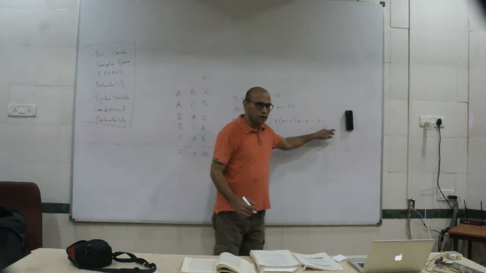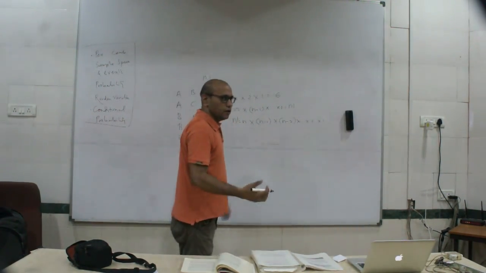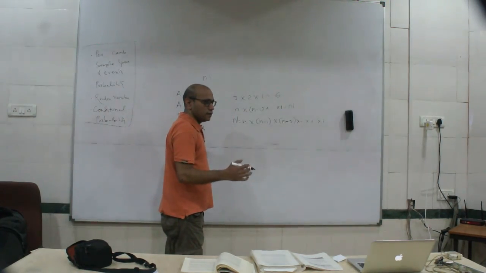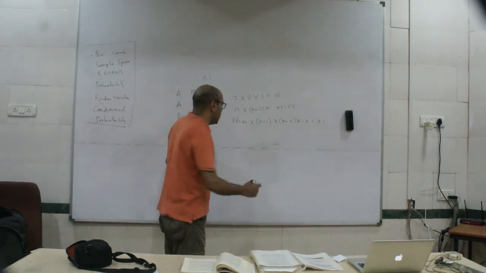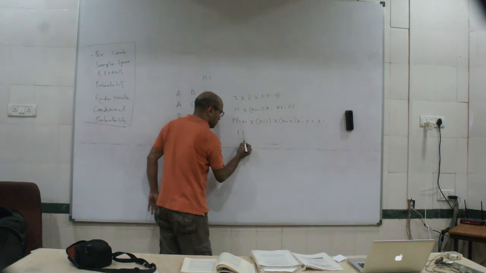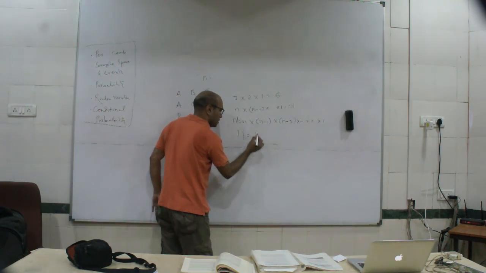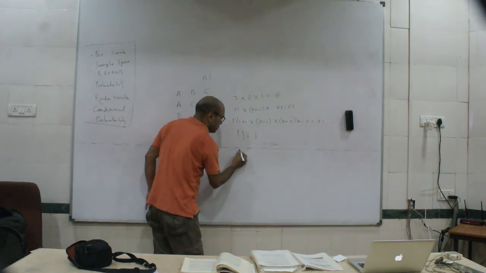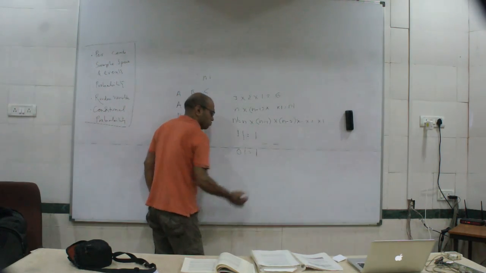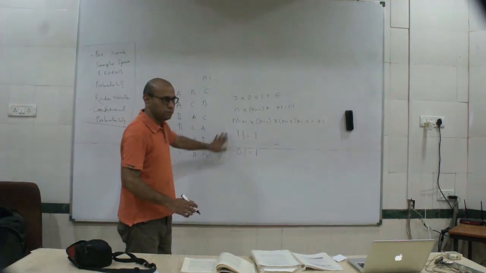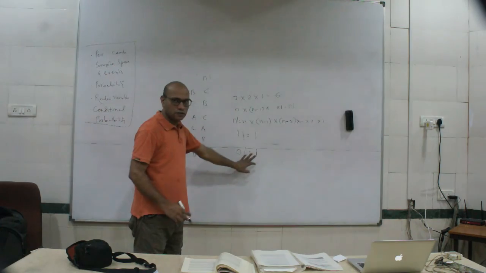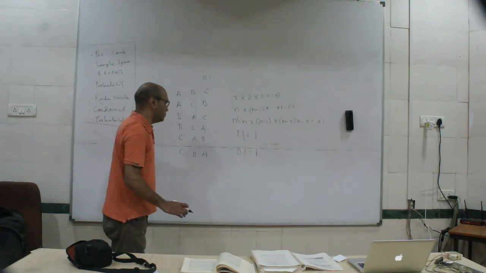As you reach 1, you stop. The convention says that factorial of 1 is 1, and factorial of 0 is also 1. This is by convention. Okay? These are useful conventions while solving problems.